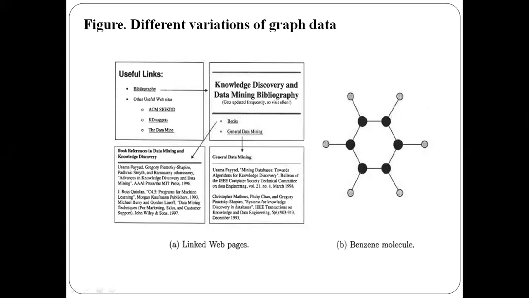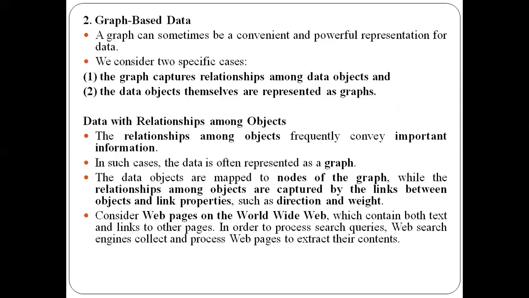Just remember that graphs can be used here in order to represent objects. That is, a complete list of objects can be represented using graphs, where each node represents an object, and the link between the nodes represents the relationships among the objects. That is the first case.